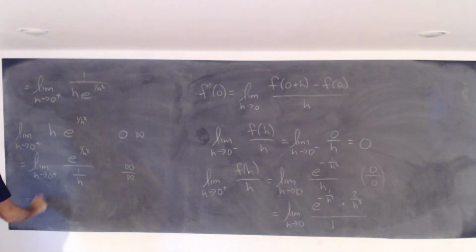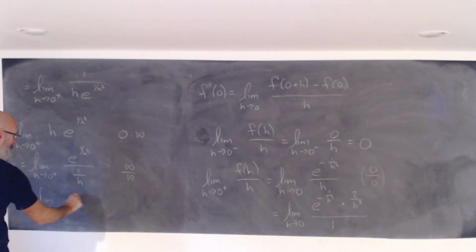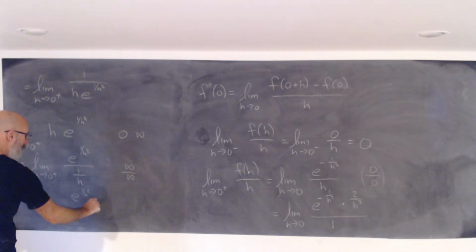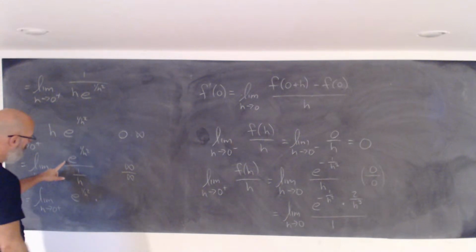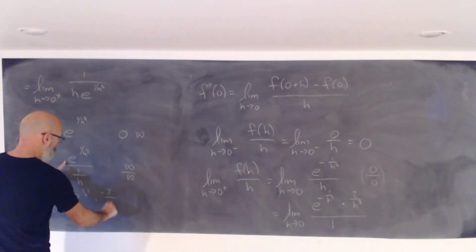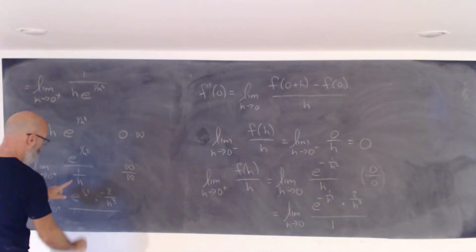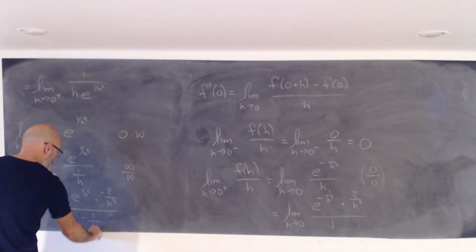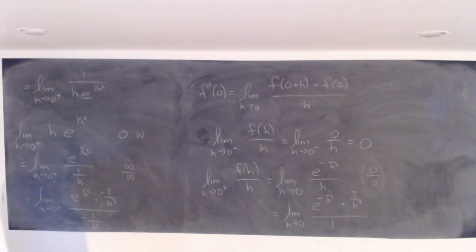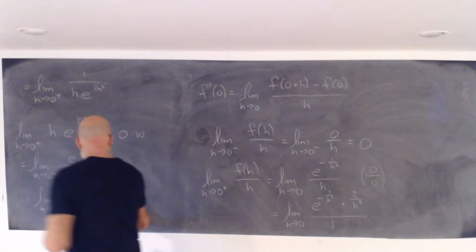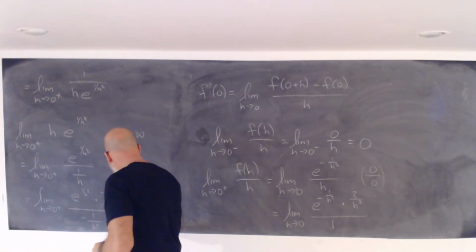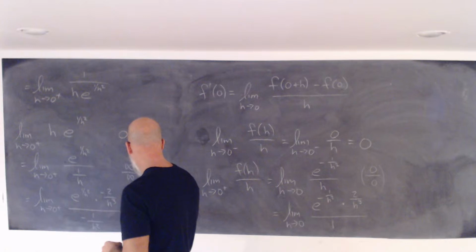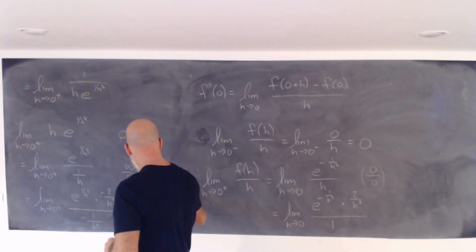And the derivative of this is e to the 1 over h squared times negative 2 over h cubed. And the derivative of that is negative 1 over h squared. Which is just 2 e to the 1 over h squared over h.